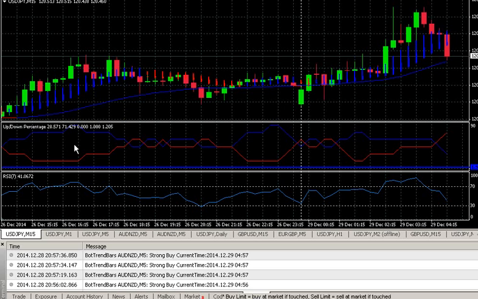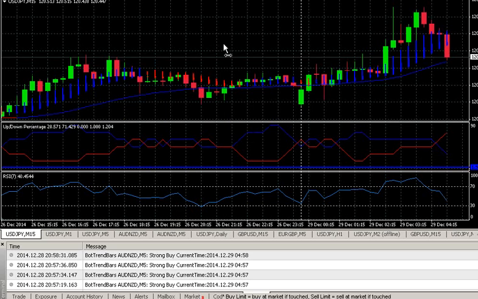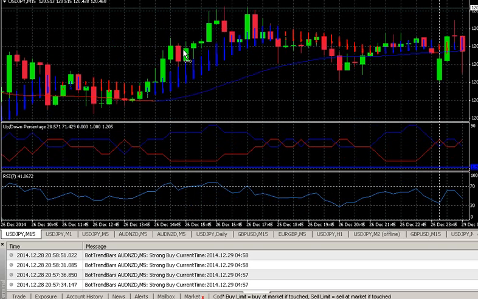I do have some other stuff on here. This is an up down percentage indicator, and this is just the standard RSI. I'm not really focused as much on these, but I thought I'd drop them in because there's something that I look at sometimes to spot a possible ending to a healthy trend.